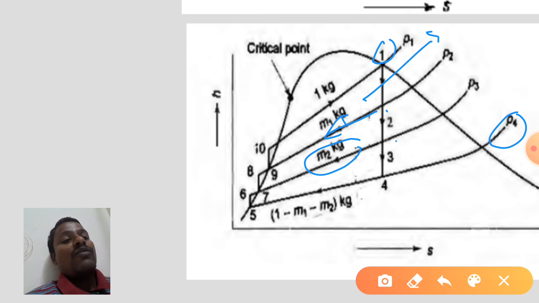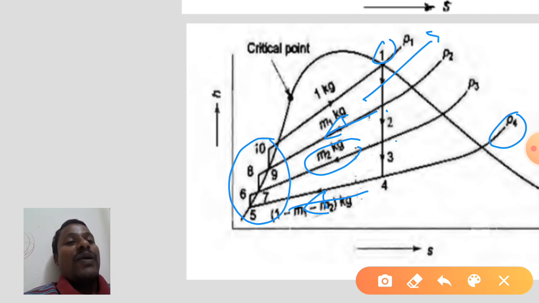Then 1 minus m1 minus m2 kg of steam undergoes condensation between 4 and 5. So 5 to 6 again pump 1 work, 6 to 7 feed water heating. So 7 to 8 again pump work, 8 to 9 feed water heating. So 9 to 10, again pumping work.